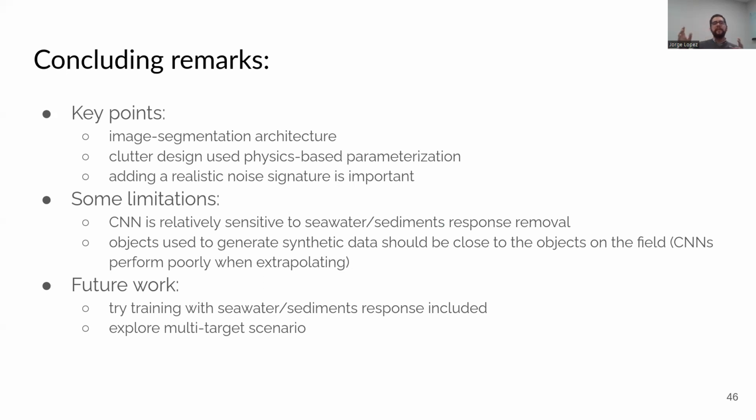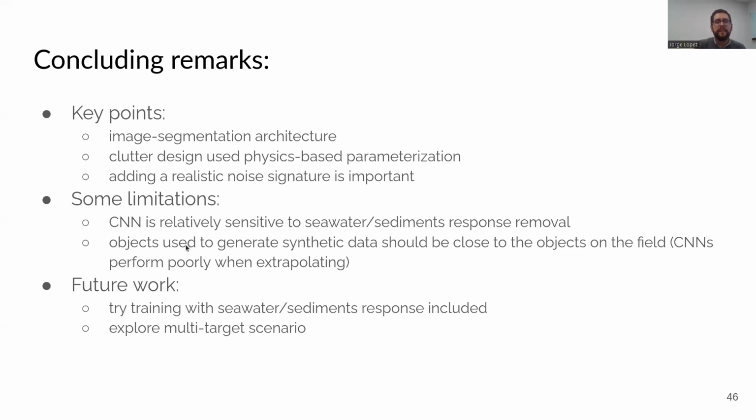Fortunately, we didn't get any UXO labeled as clutter. It was more like some less discrimination of clutter depending on the background response removal. And some of the type of UXO labels were also changing, but not the UXO versus not UXO.